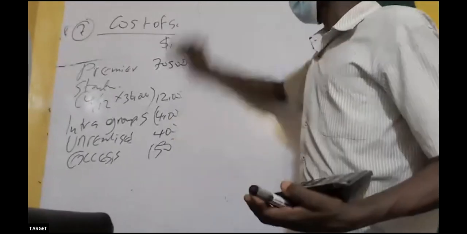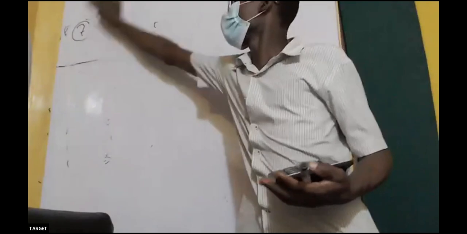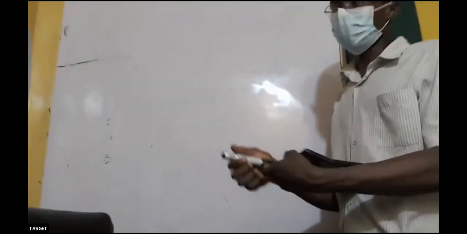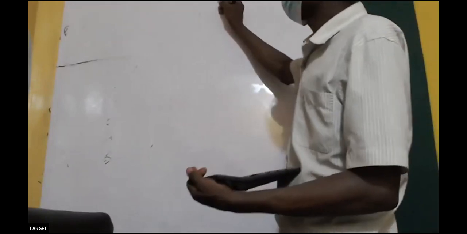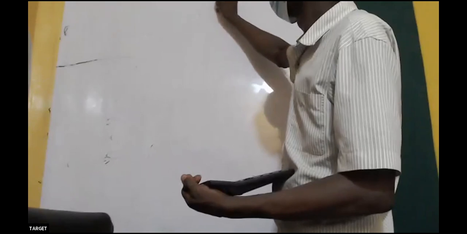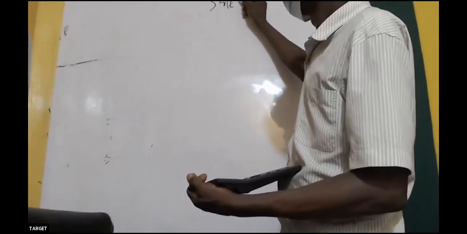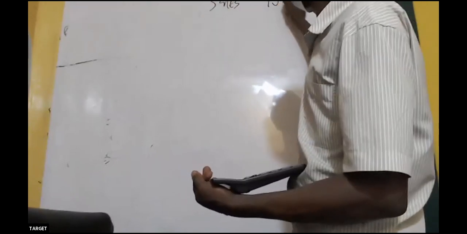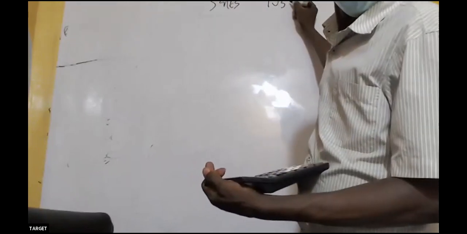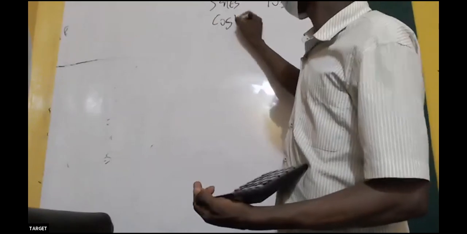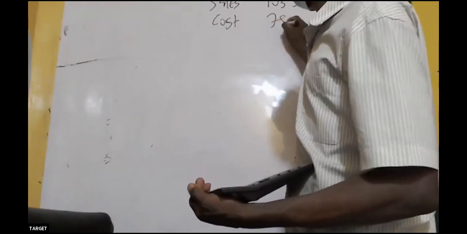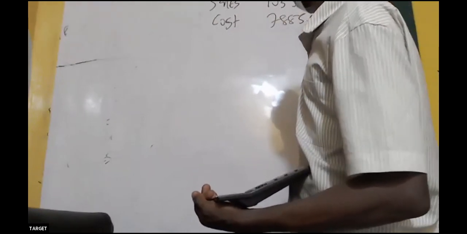We are balancing all of them. The rest is just addition and subtraction. So let's balance it well. I write my balancing figure on the board for you. So finally, my sales revenue is 103,500. My cost of sales, I'm getting 78,850.